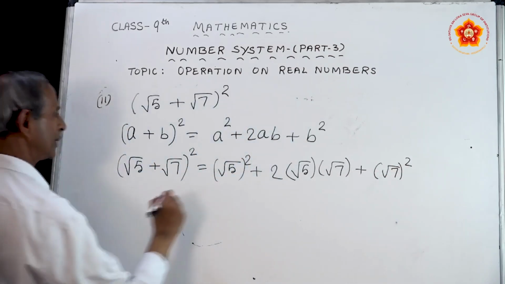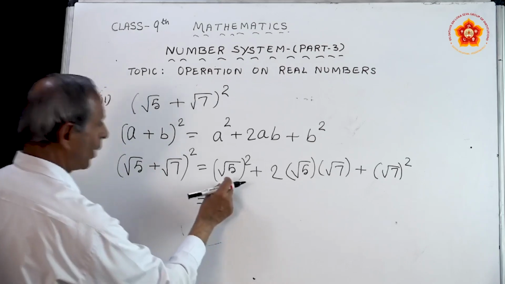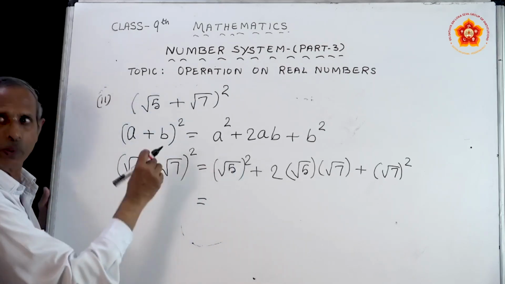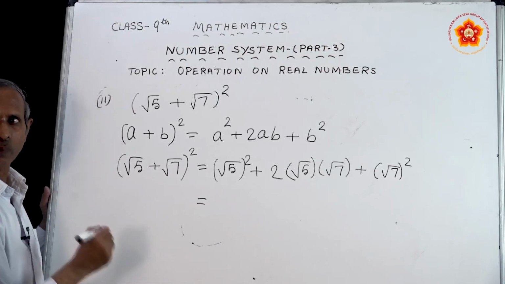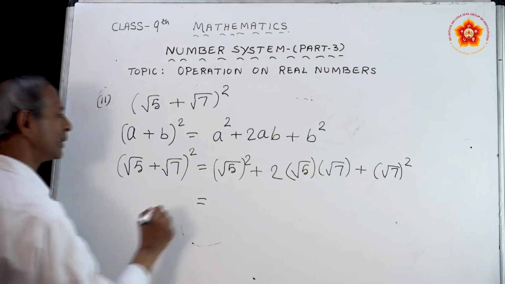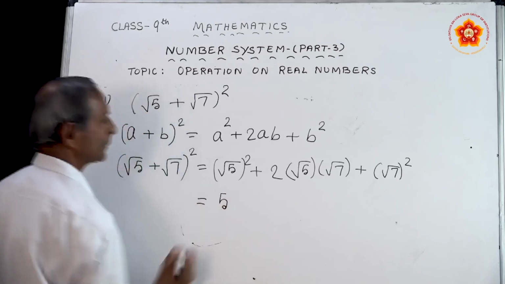Now let us simplify this problem. Root 5 whole square means root 5 multiplied by root 5, you will get square root of 25, which is 5.